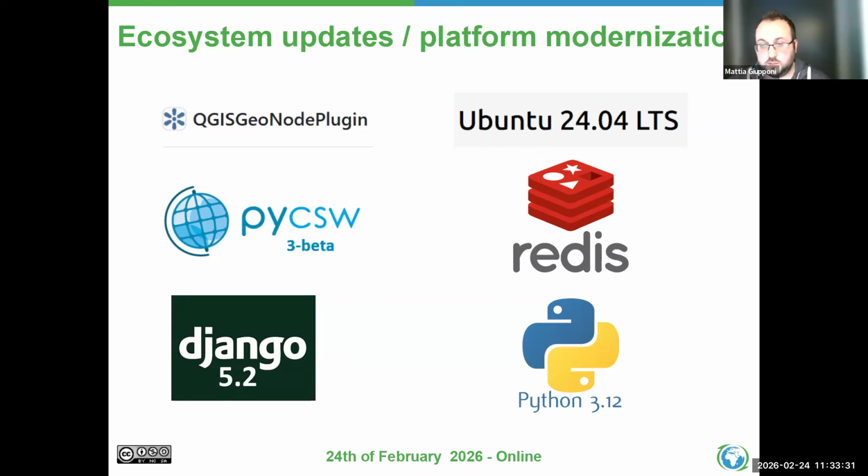Last but not least, thanks also to the upgrade of Ubuntu, we finally upgraded also the minimum required Python version, which is 3.12. All of these upgrades were propaedeutic in order to be able to develop everything else I just showed you. So finally, with GeoNode 5, we are on a really modern and stable platform also software-wise.